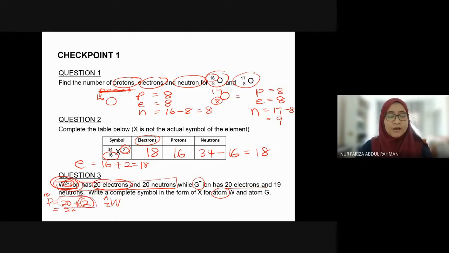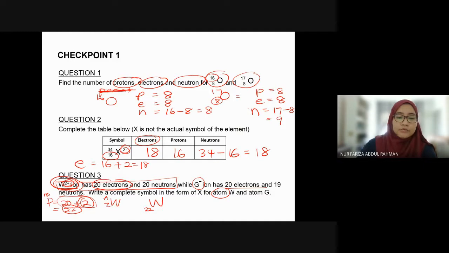Like I said just now, if it is neutral, the number of electrons is equal to the number of protons. So there we have the number of protons, or the atomic number. So W, and then we have 22.